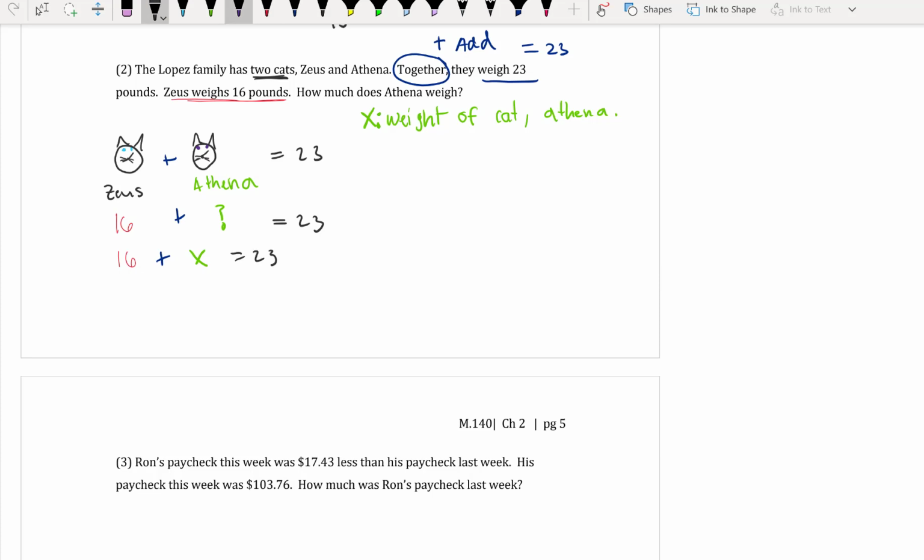So I am going to subtract 16 from both sides. So I have that 23 minus 16 gives me a total of 7. So since x is equal to 7, well, remember it represented the weight of Athena, your cat, and so the cat weighs 7 pounds.